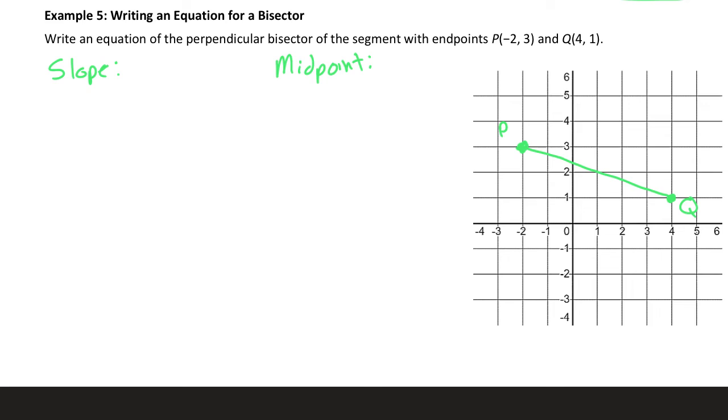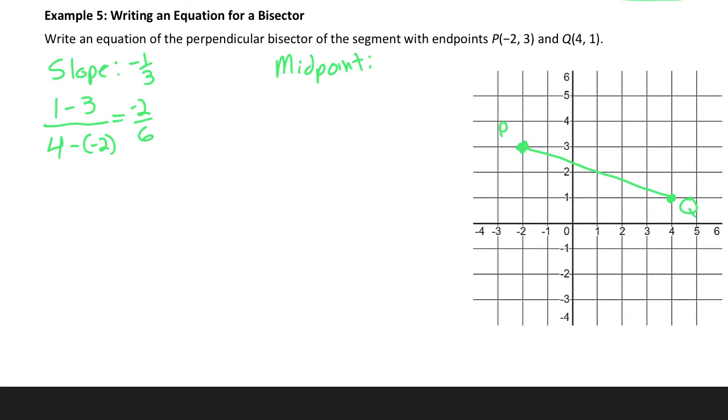So slope, we should have y2 minus y1 over x2 minus x1. So 1 minus 3 over 4 minus negative 2. So that's negative 2 over 6. The slope of this is negative 1/3. We're going to store that away for right now.